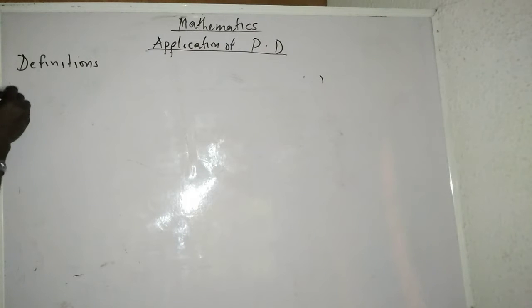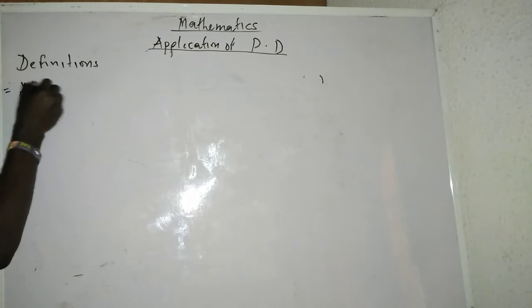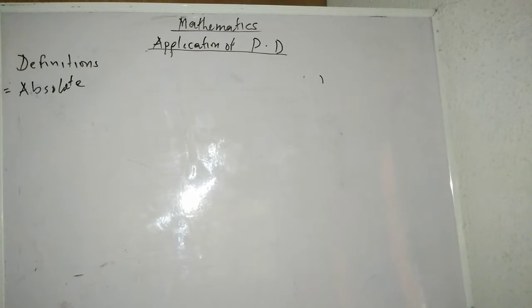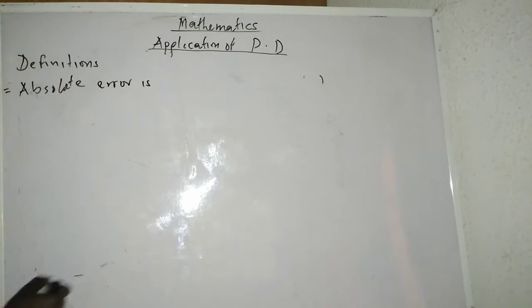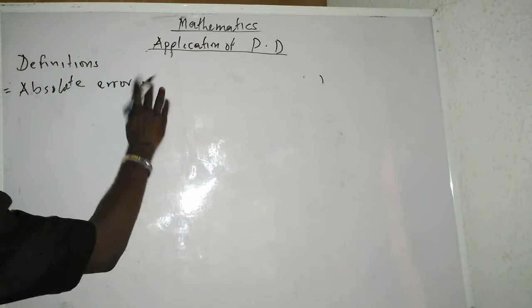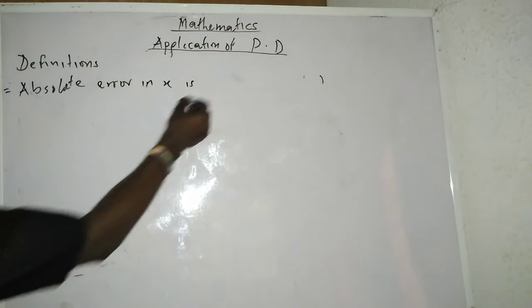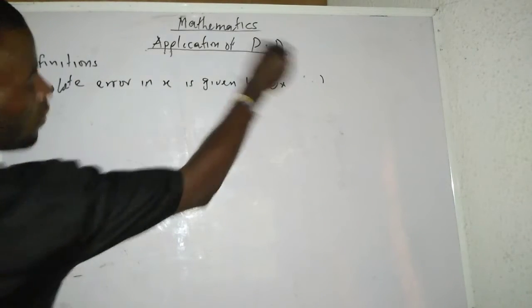The first one is the absolute error. Absolute error is given by delta x.